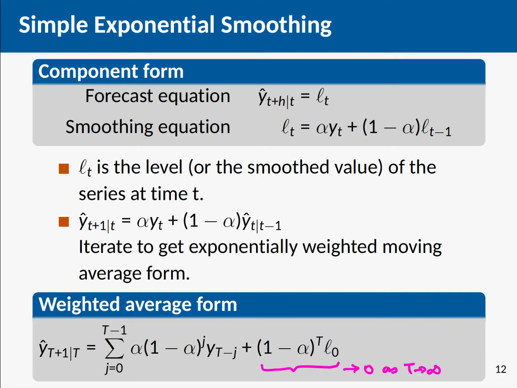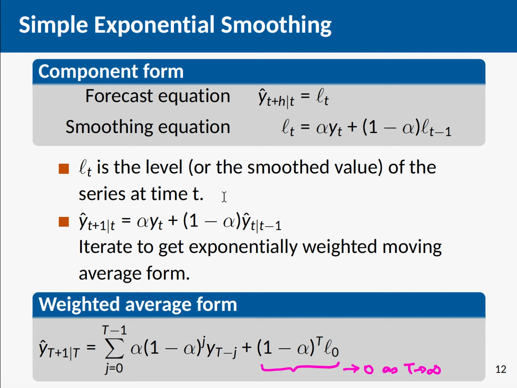So for simple exponential smoothing, the only component included in the forecast equation is Lt, which is governing the level of the time series, or the smooth value.